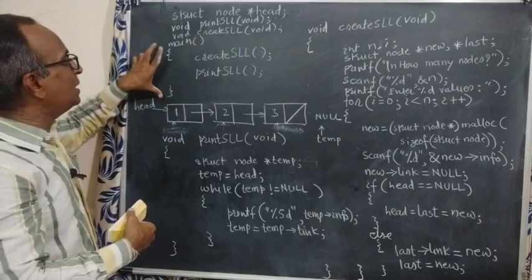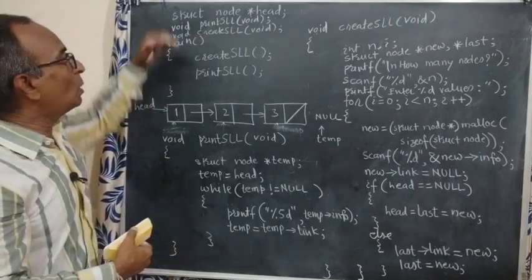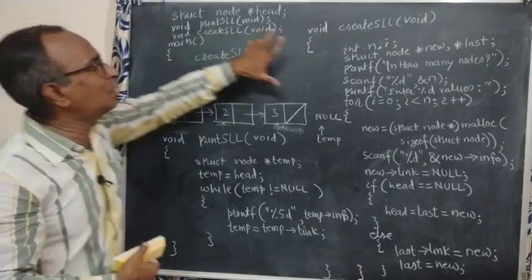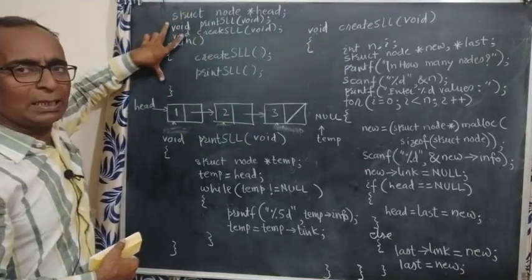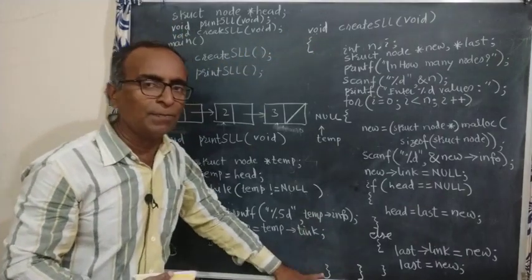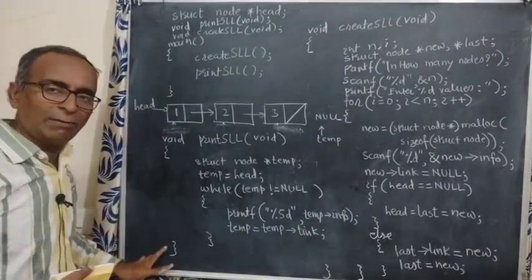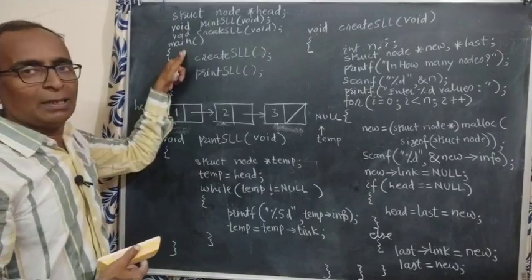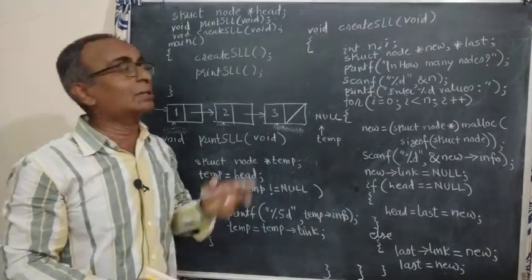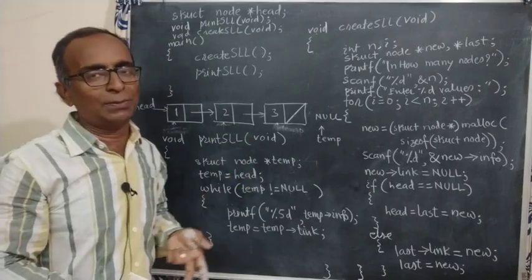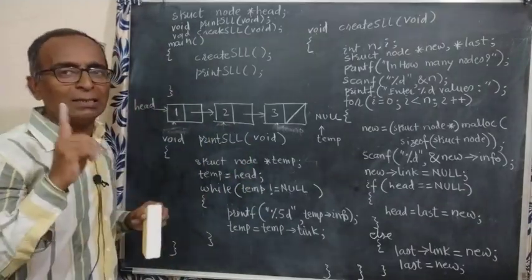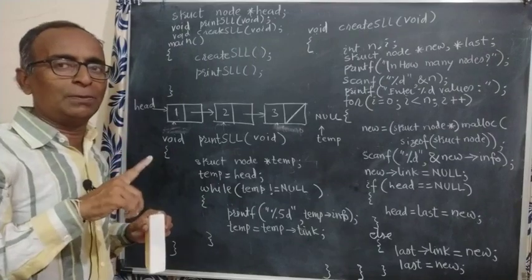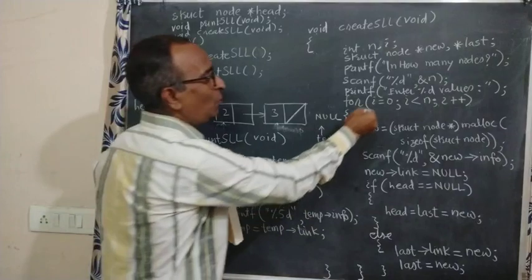But if you write main at last, with header files, global variables, no declarations, create SLL implemented first, then print SLL implemented, and main at last, then there is no need for separate declarations as such. Declaration is required when, before use, there should be a declaration.